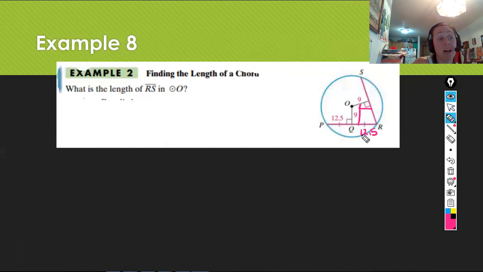So if I were to add those together, I'd get 25. And that tells me that this chord would be exactly the same as this chord. So SR would be 25. So it's all about reading the figure. You can't just look at it and know what it is. You got to make sense of what's going on and then answer it from there.